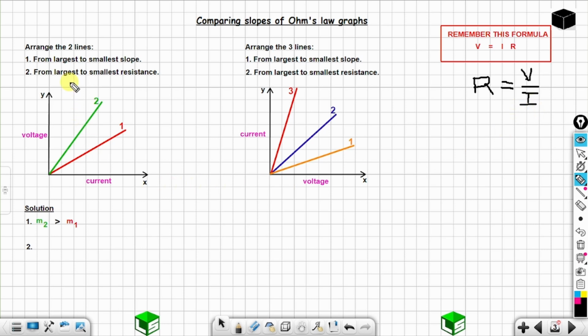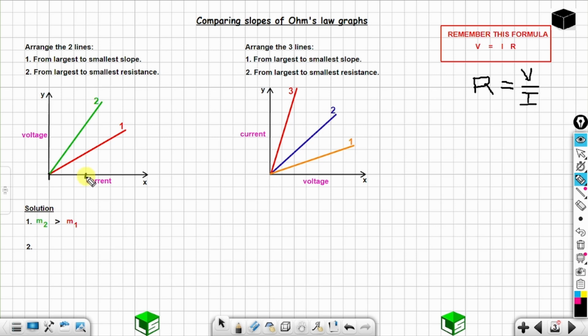Now we have to compare the resistance. Which line has got a larger resistance? We can maintain the denominator, the current, and compare the voltage. The larger the voltage, the larger the resistance. So we maintain our current, let's say from that point to this point.